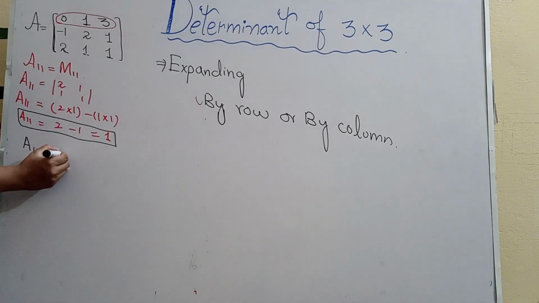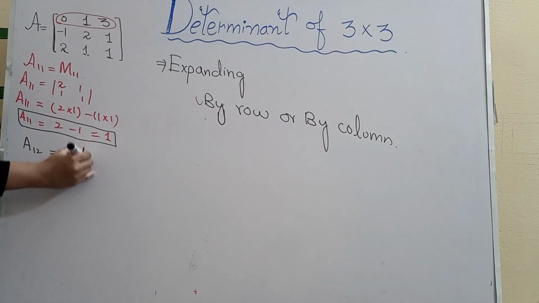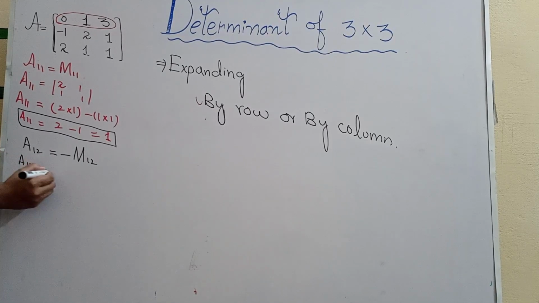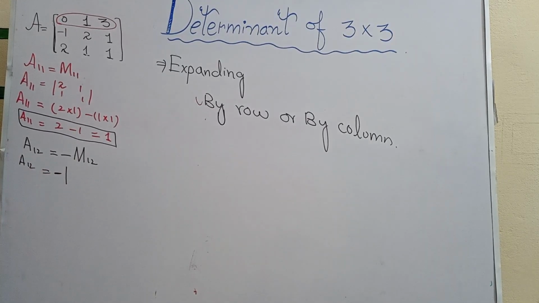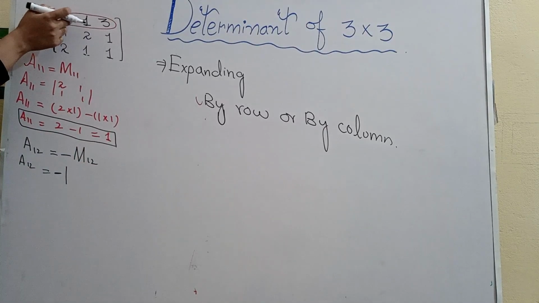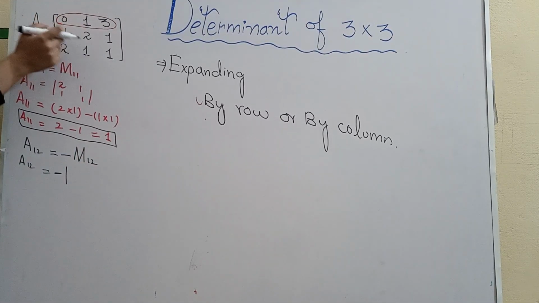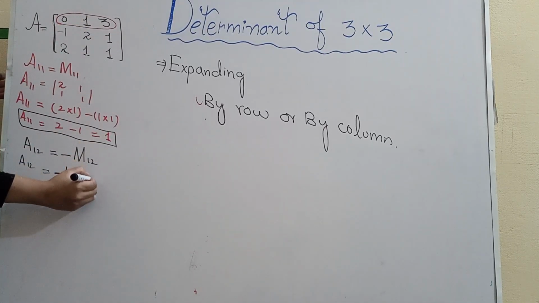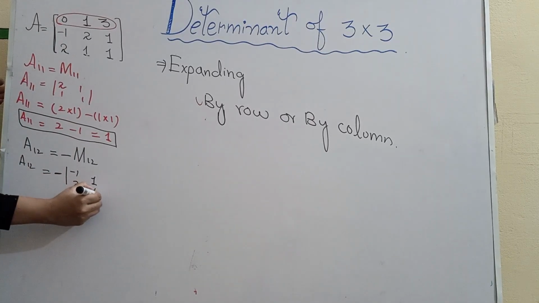So it is equal to the negative of the minor of the element. So A12 is equal to the negative of the minor, and we are going to remove the first row and the second column. We are left with minus 1, 1, then 2 and then 1.